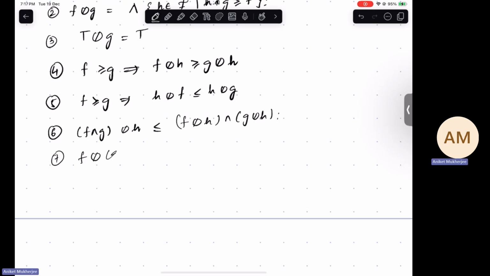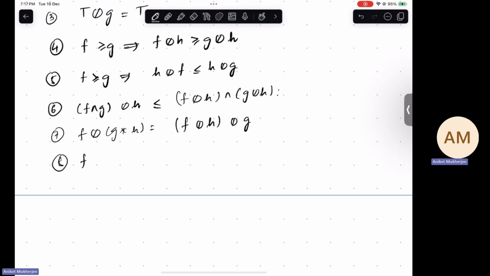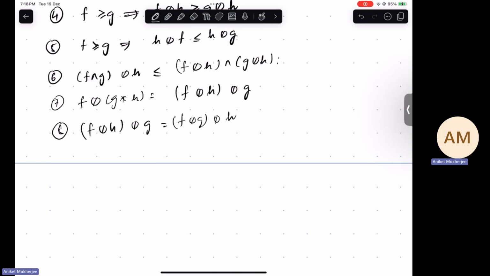Similarly, F deconvolution G convolution H equal to F deconvolution H deconvolution G, and similarly F deconvolution G deconvolution H equals F deconvolution H deconvolution G. So something similar to an associative property.